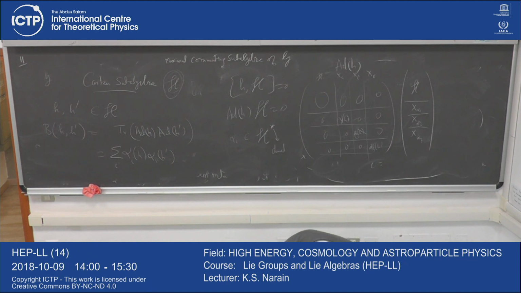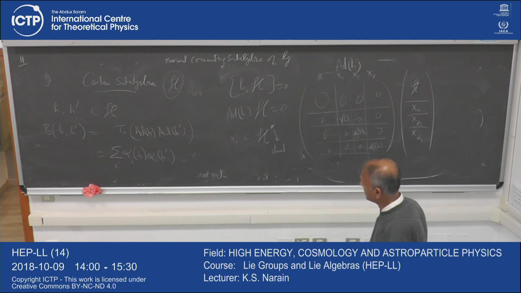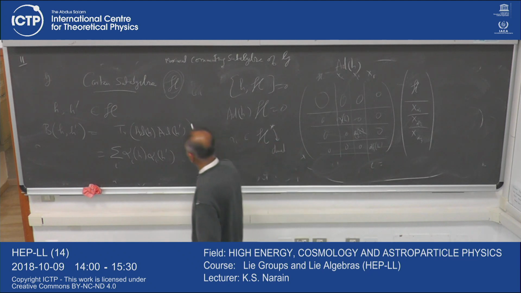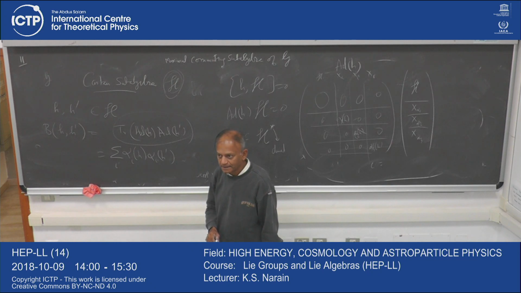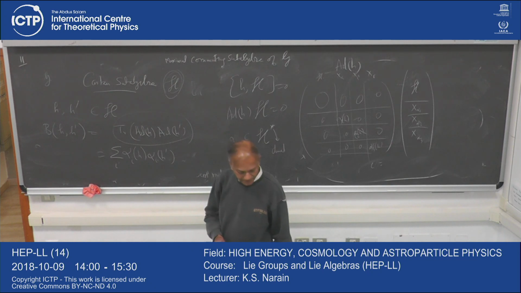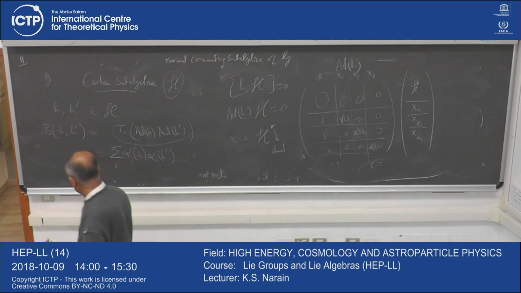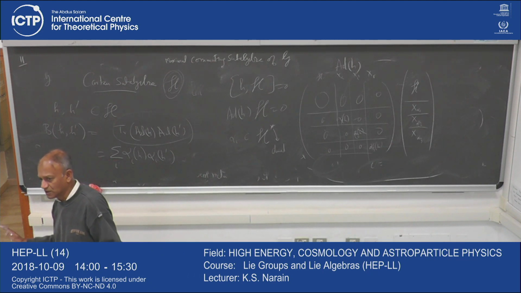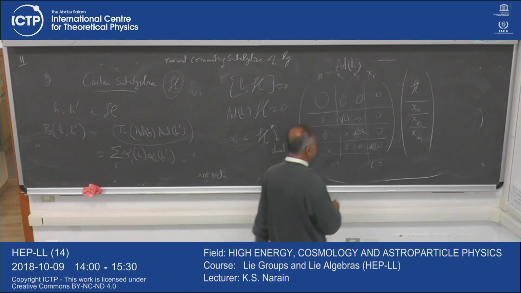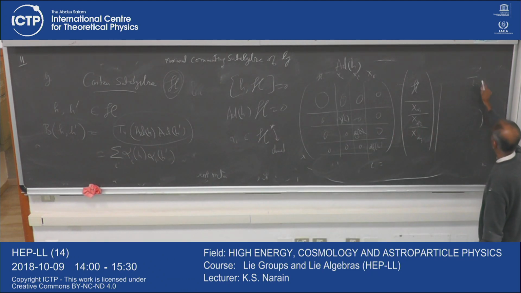Now here, what I'm going to do is this: the rest of the stuff will make sense only if this metric is non-degenerate. Otherwise, it will not make sense. So what does non-degenerate mean? In fact, I will be focusing on that from now on. You remember I described choosing some basis Ti.